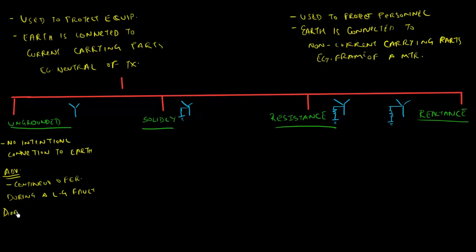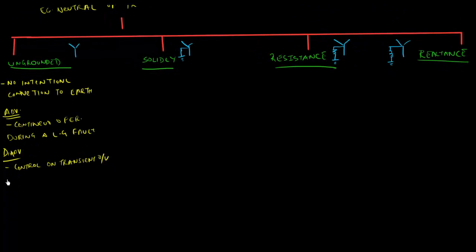The disadvantage is that there is a lack of control on transient overvoltages, and it is difficult to locate a line to ground fault.